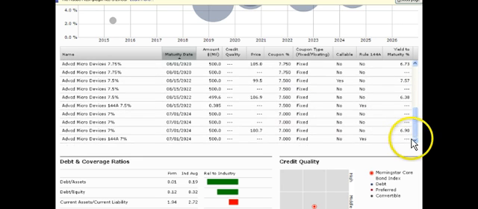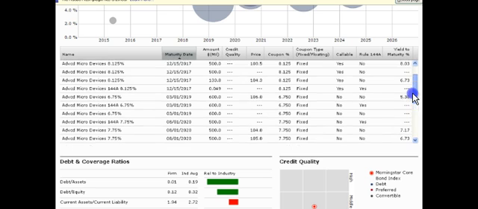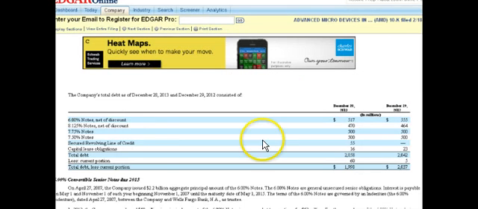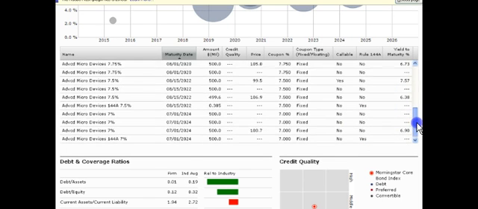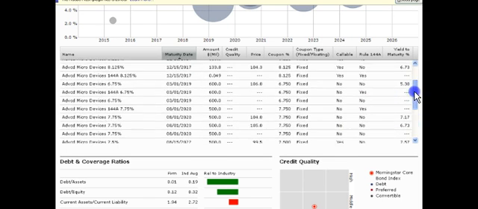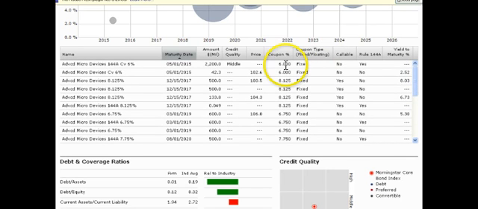I see 8.125 over here as well. 8.125. So the only thing I don't see is 7.5. I see 7.75. So the coupon rates match up to what's on the SEC.